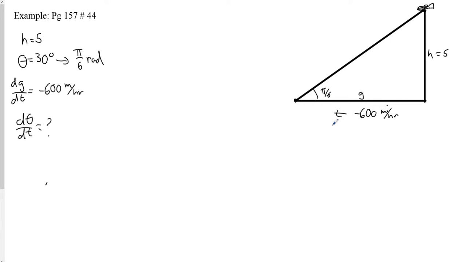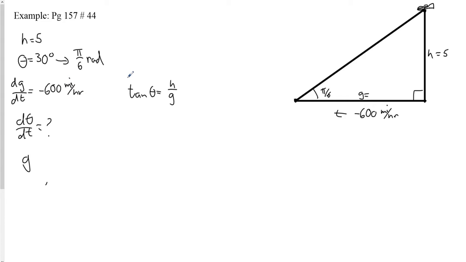Now, what is an equation that relates an angle measure in a right triangle with this side, which would be the opposite side, and this side, which would be the adjacent side? That, to me, looks like the tangent of theta is equal to h over g, opposite over adjacent. And even though I don't know what g is, let's do this and see if I need that, because I do know that dg over dt is negative 600 miles per hour.